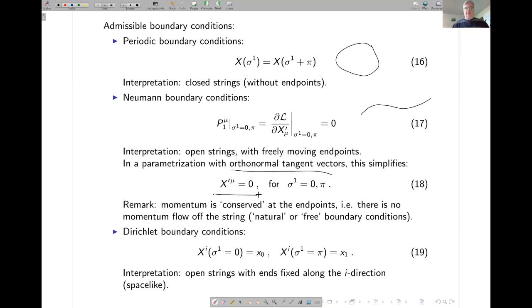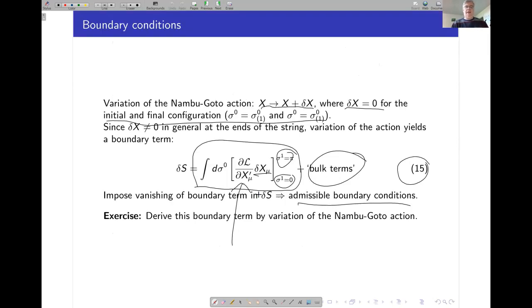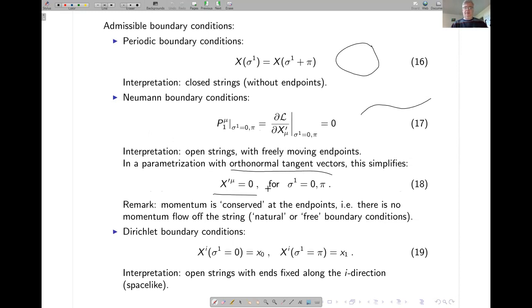The final choice that we can make is that we can keep the ends of the string fixed, and then, of course, this variation is by construction 0. This corresponds to the situation that we are familiar with for, say, a guitar string or a piano string or a violin string where the ends are fixed.